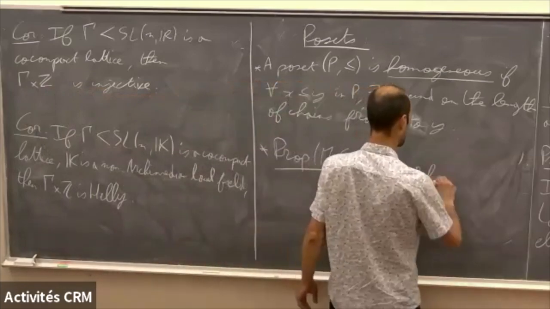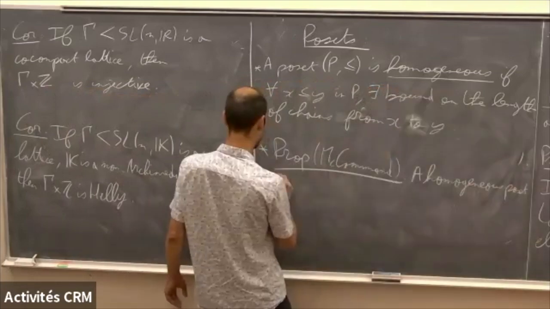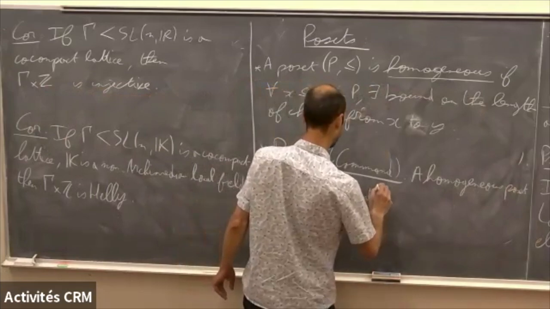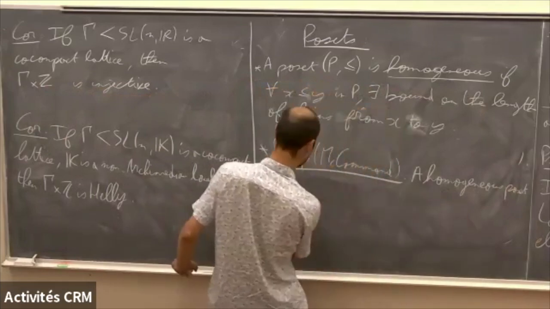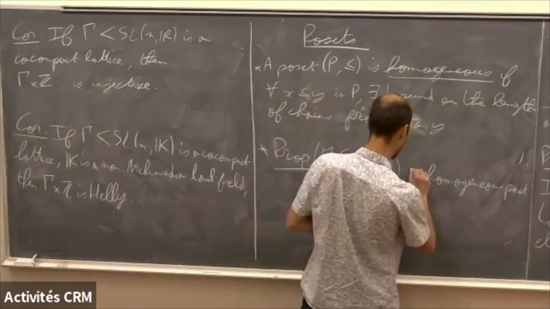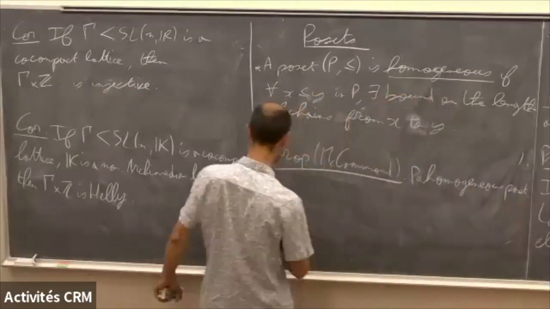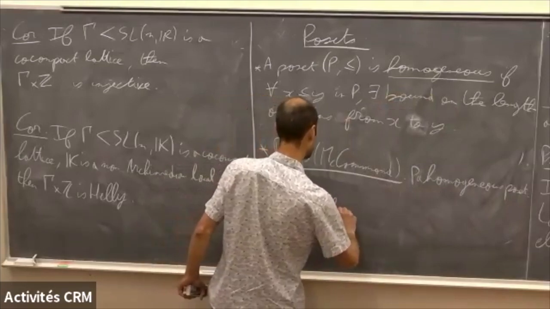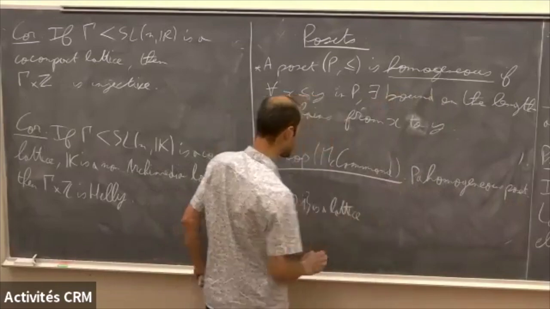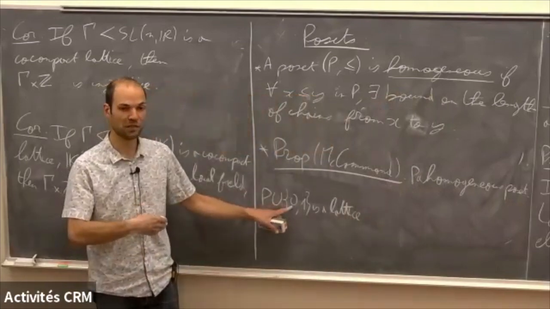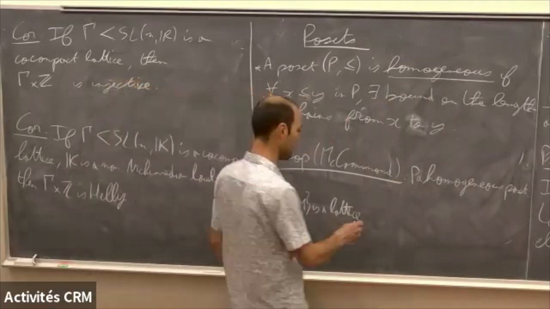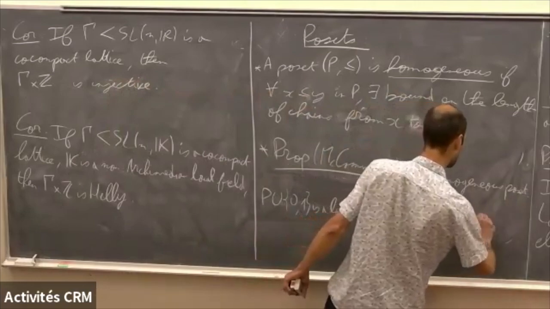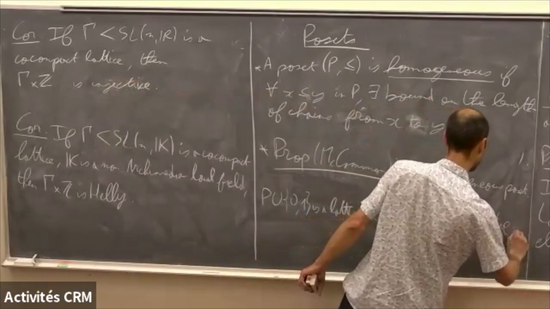For P a homogeneous poset, the equivalence is: P union {0, 1} is a lattice, I can always add an artificial minimum and maximum element to my poset, if and only if P has no bow tie. So what does it mean?